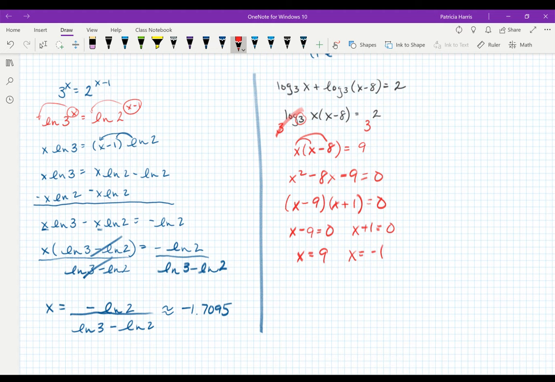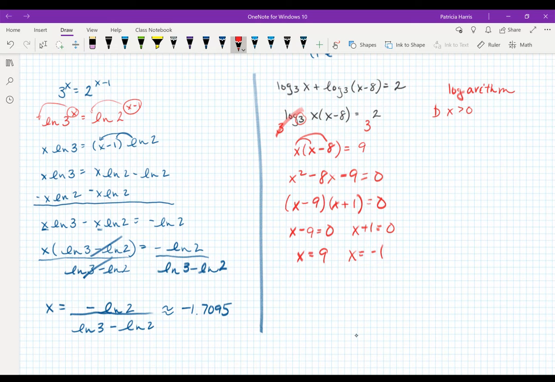Now, this is highly interesting, because one of these answers is extraneous. Remember, if you're a logarithm, I have a domain of x greater than 0. That's my domain. Okay, so is there anyone that needs to be kicked out?